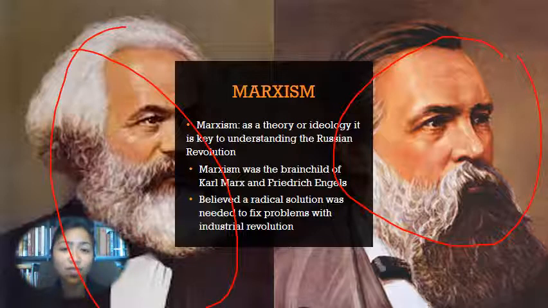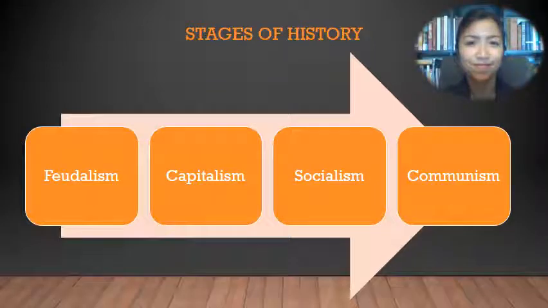Marx and Engels studied the history of the world's economies, and they saw that countries developed in stages. So let's have a look at that. Marx and Engels thought that society was continually evolving as more efficient methods of production were invented and as society's demands changed.